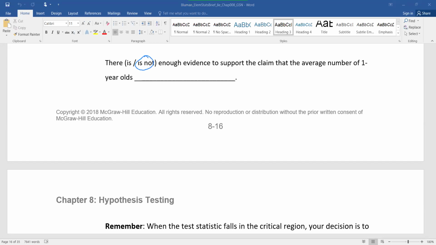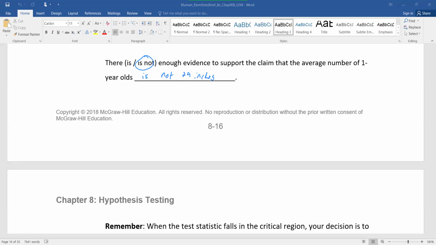Not enough evidence to support the claim that the average number of 1-year-olds is not 29 inches. So again, there is not enough evidence to support the claim that the average number of 1-year-olds is not 29. All right.